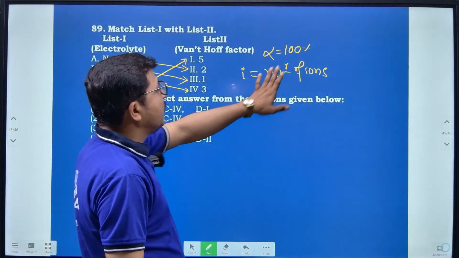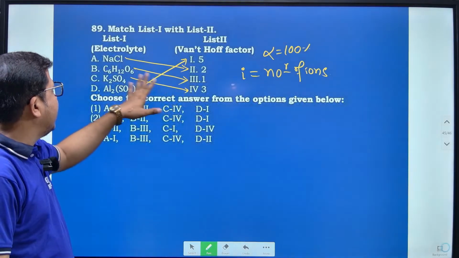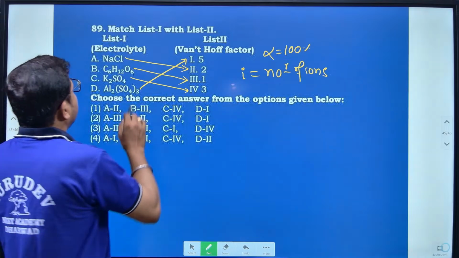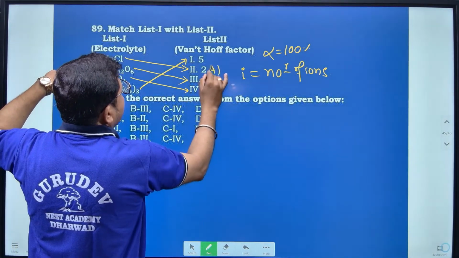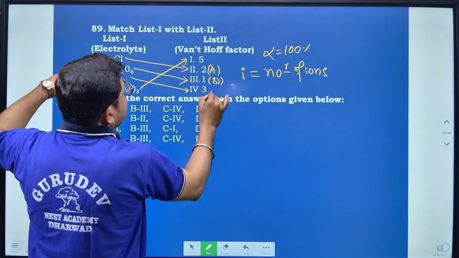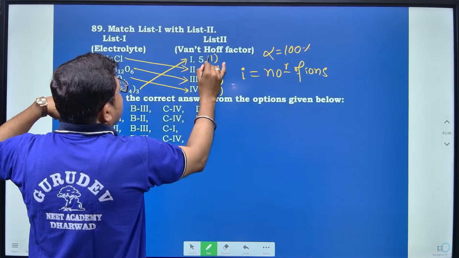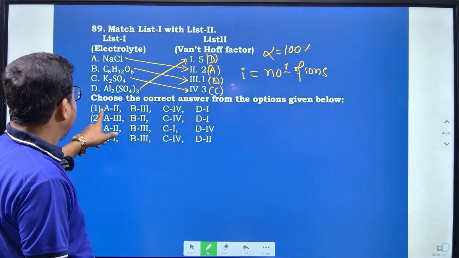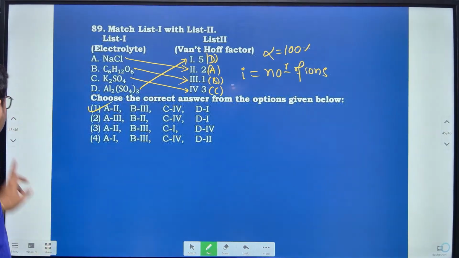Therefore, the i value is equal to the number of ions. Based on the number of ions, I have marked the Van 't Hoff factor. See here, the right option is A2, B3, C4, D1. Therefore, the right option is option number 1.